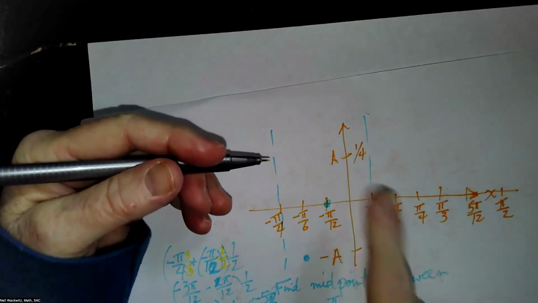On the other side, we've got negative pi over 12 plus pi over 12. That's kind of nice. Negative pi over 12 plus pi over 12 times 1/2. And what are we going to have in the parentheses? 0 comma a. Yes, very good.